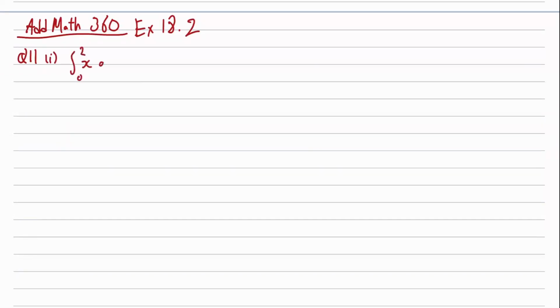This is exercise 18.2, question 11. Part 1 asks for the integral of x from 0 to 2 dx, which is x squared over 2. Sub in upper and lower limit, x equals 2 and x equals 0. Then we end up with 2 squared over 2 minus 0 squared over 2, which becomes 2 minus 0, which is equal to 2.